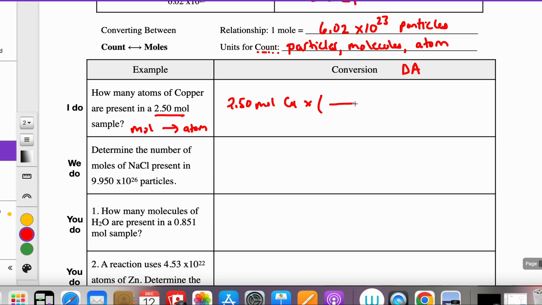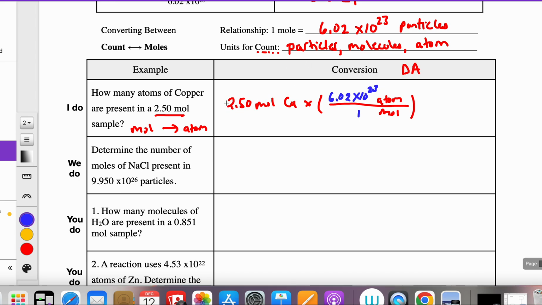And I want to go from the mole to the number of atoms, and I want to be able to cross off the unit of mole. The relationship between these is this up here. It's 6.02 times 10 to the 23 atoms, so I'm going to put 6.02 times 10 to the 23 atoms in every mole.